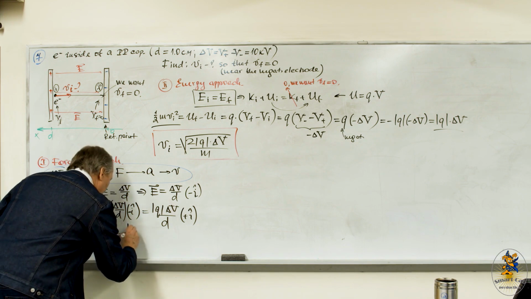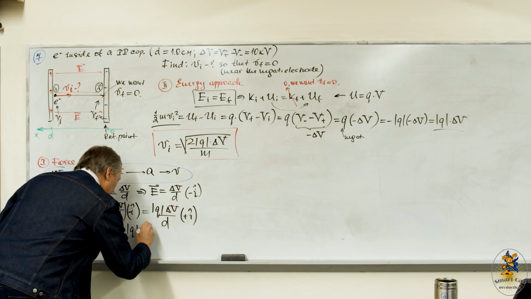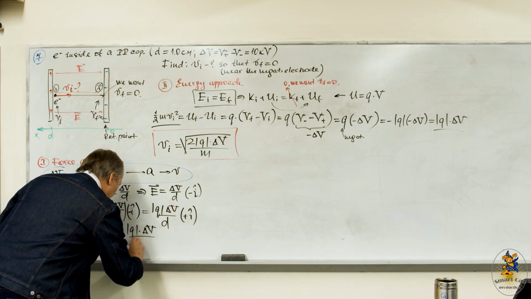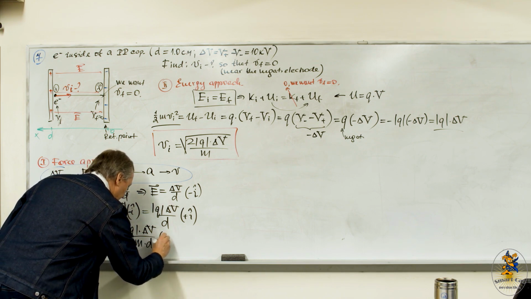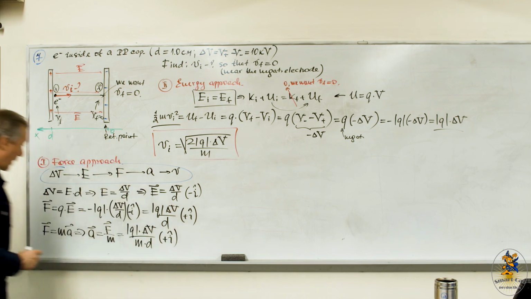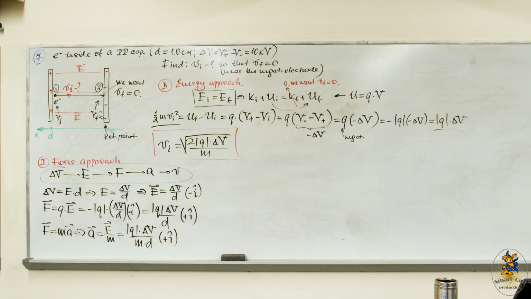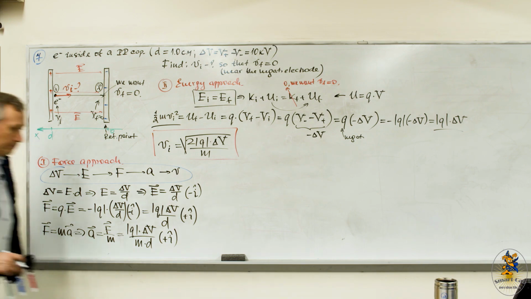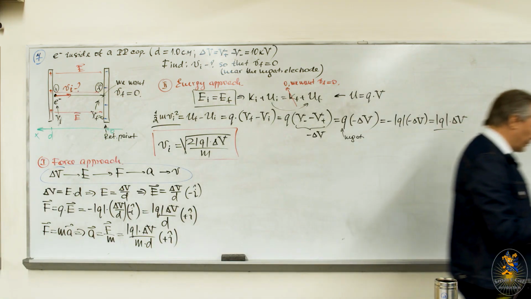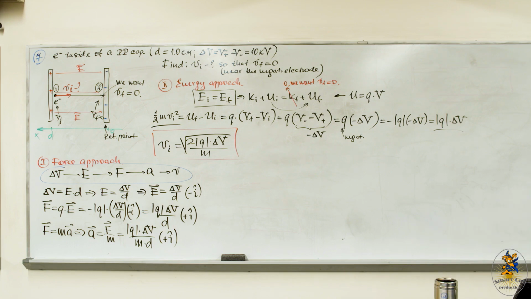So it will be Q times delta V divided by m times d. And acceleration is positive, which is great. So in our kinematic equations, we can just use positive acceleration. Because if acceleration is negative, of course, in our kinematic equations, we need to use minus.